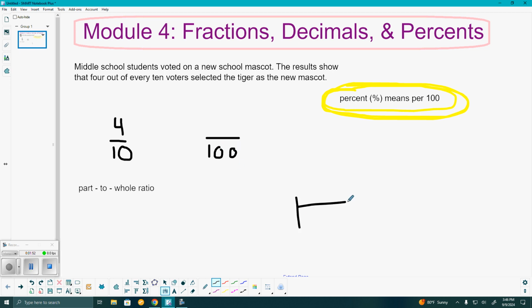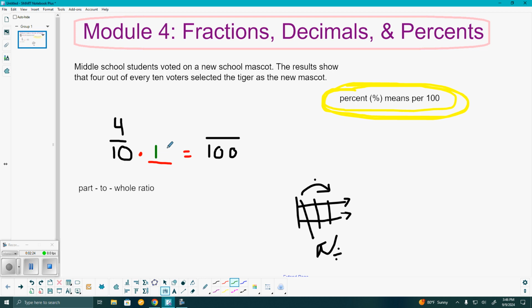If you remember back to Module 3, when we did rates and equivalent rates on a double number line, when we moved forward, we multiplied. If we moved backwards, we divided. So we know that 100 is greater than 10, which means that we're moving forwards. So we're going to be multiplying. 10 times what equals 100?